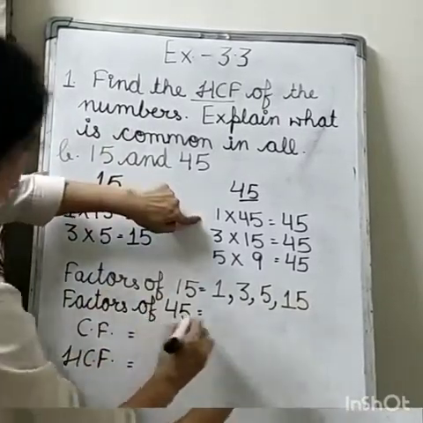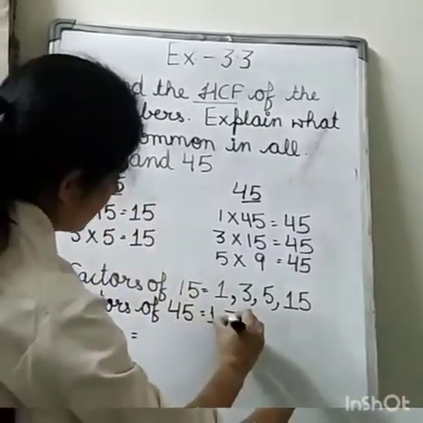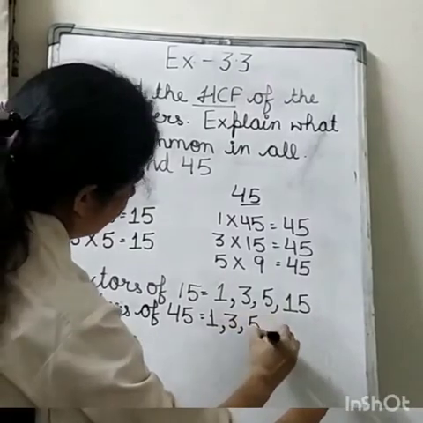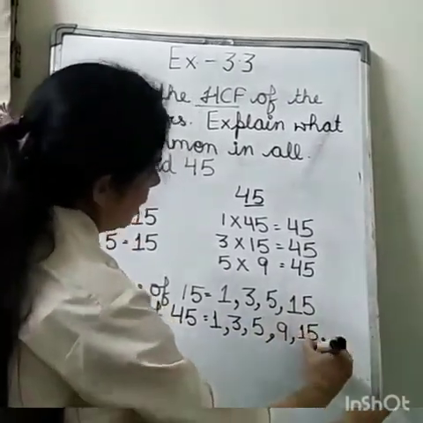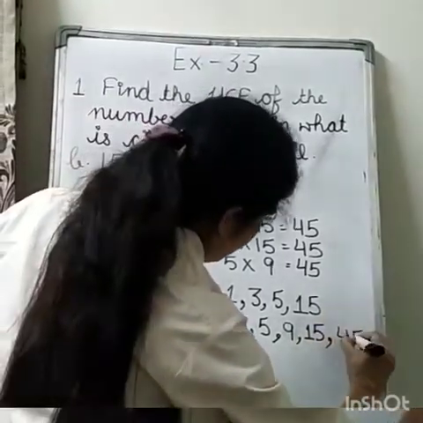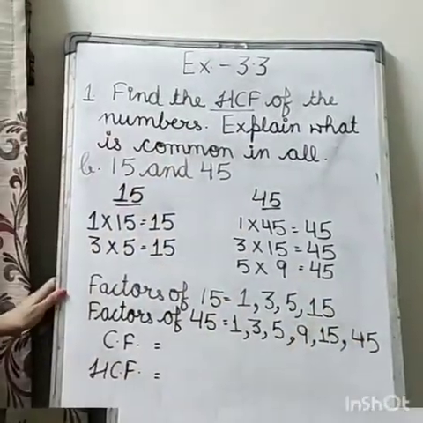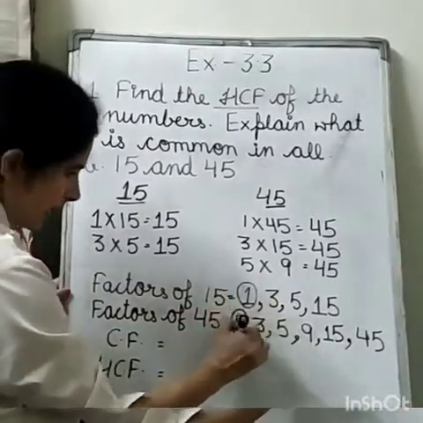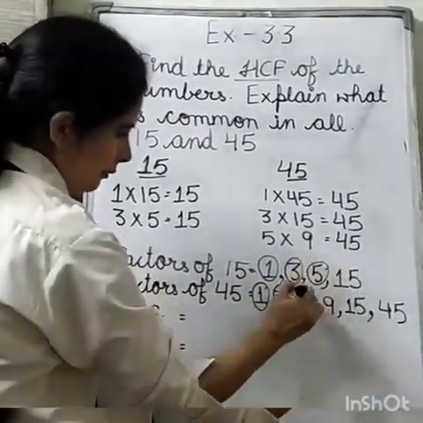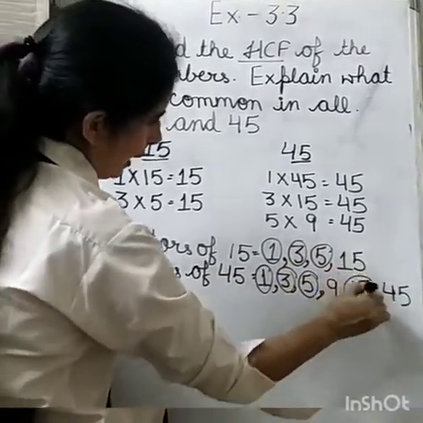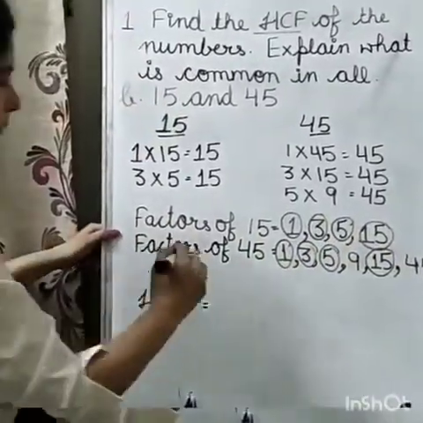Next, 1, 3, 5, 9, 15 and 45. Now the common factors. 1, 3 is also in both. 5 and finally the 15.